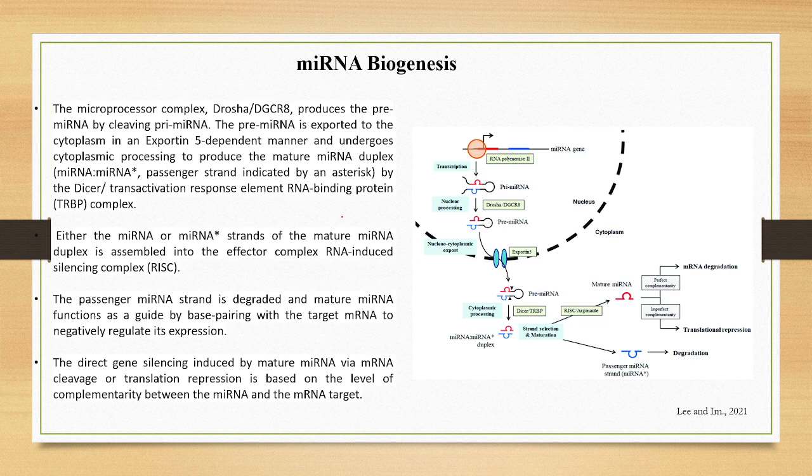See here, this is your miRNA gene. So this is actually how your miRNAs are formed. It is miRNA biogenesis. This miRNA gene, after transcription, forms your pri-miRNA. Now this pri-miRNA is cleaved by Drosha to form the pre-miRNA.